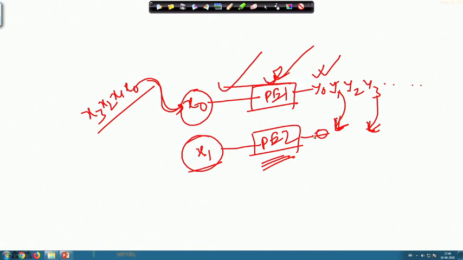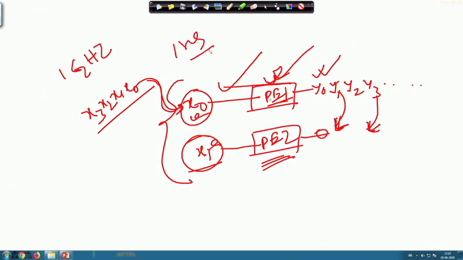So, if 1 gigahertz was the sampling speed after this processing element, now I can increase it, as I need to produce 2 samples within 1 nanosecond. Otherwise, one of these elements will remain idle. If the sample clock period is 1 nanosecond, this will come at 1 nanosecond, then this will come at 1 nanosecond, but at that time one element just remains idle.